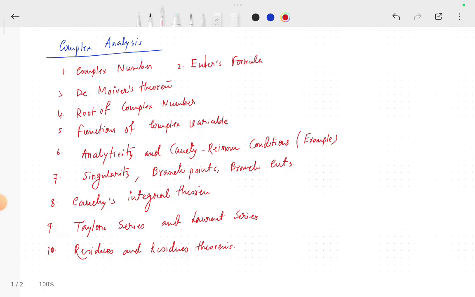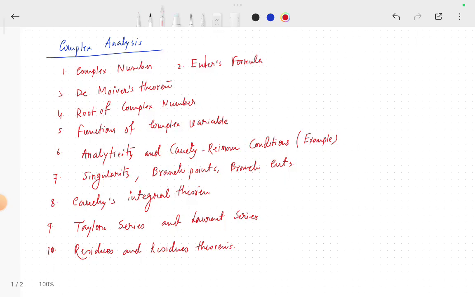I will focus on the basic parts also, and I will make sure that this course is very, very important for those who are in semester 4.